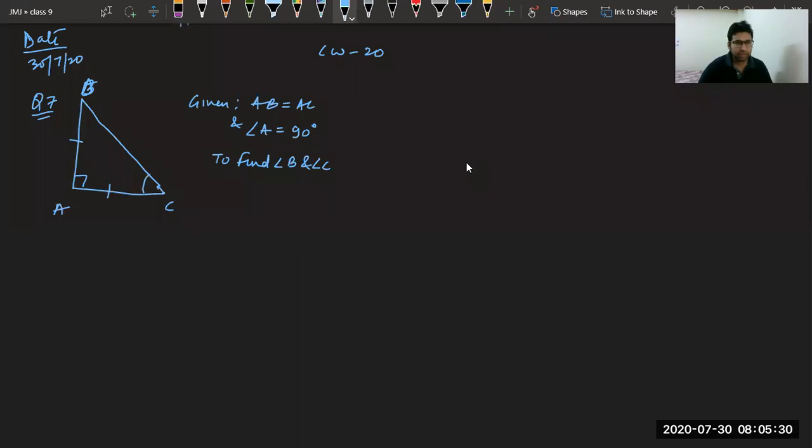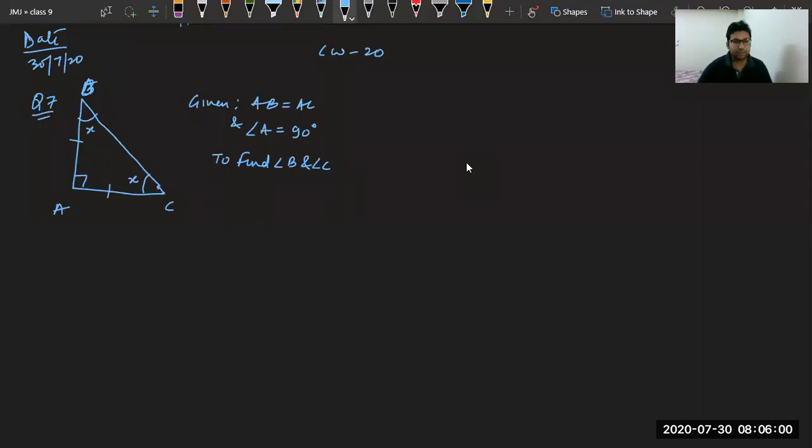If I take B as X, that means C will also become X. It is very simple. If you say AB equal to AC, these two angles are equal because angles opposite to equal sides are equal. Yes, correct beta.